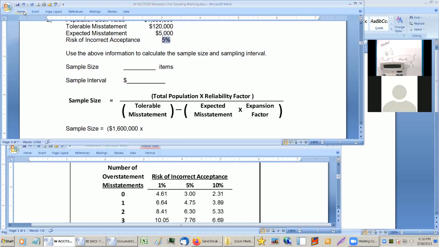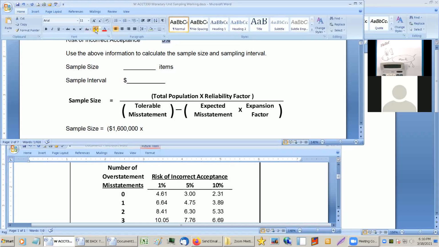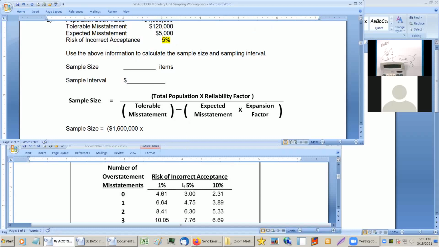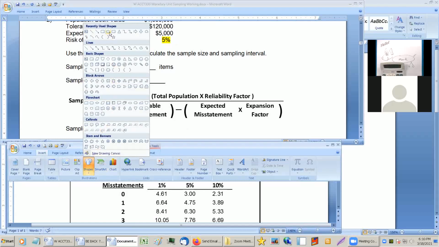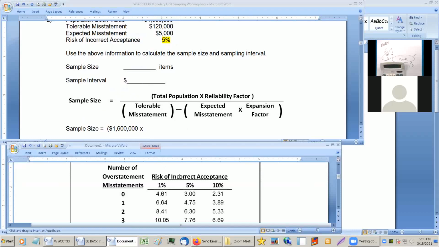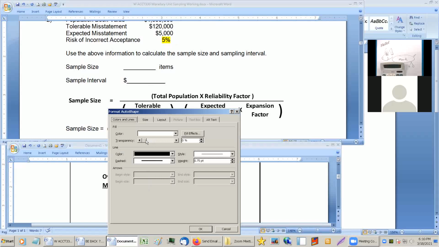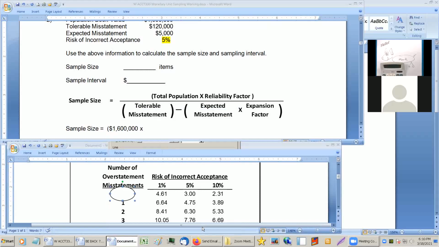So let's see here. We're doing this at 5%. Oh, I lost all my stuff. Oh, here we go. So 5%, coming down here. Start at row 0.